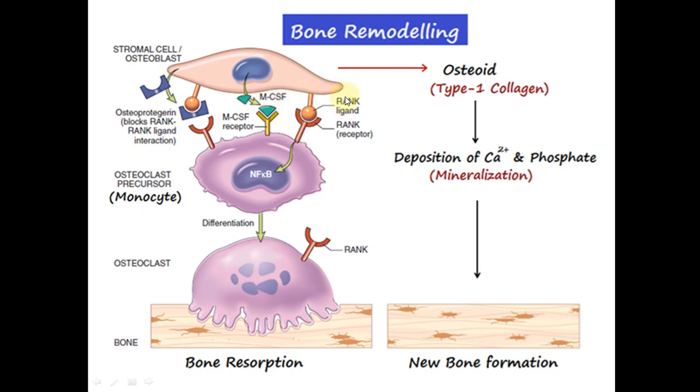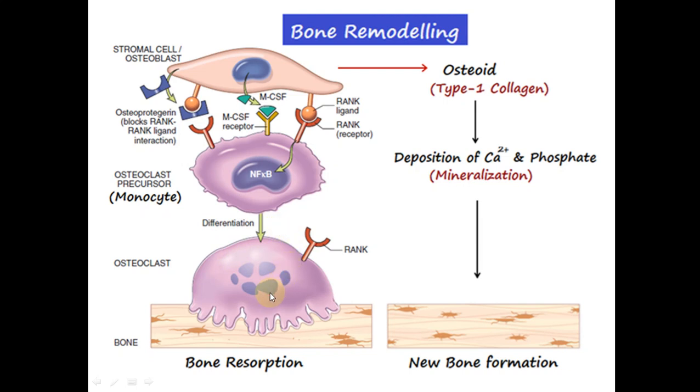These two factors will cause differentiation of the precursor osteoclast into a mature osteoclast. This mature osteoclast will then secrete hydrolytic enzymes like collagenase and hydrochloric acid. The collagenase will dissolve the collagen, and the hydrochloric acid will dissolve the mineral hydroxyapatite. In this way, the osteoclasts cause breakdown of the bone, known as bone resorption.